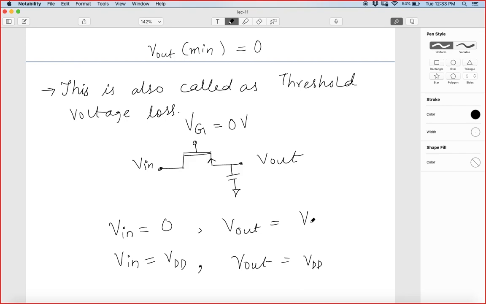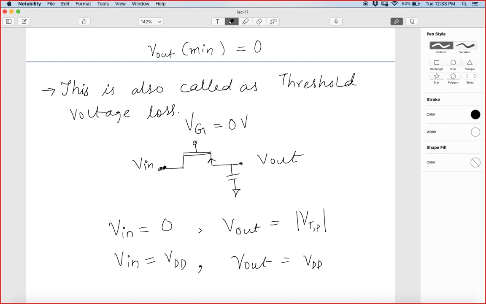So similar things will happen in case of the PMOS. When V in equal to 0 volt, the same situation will happen as in case of the NMOS.